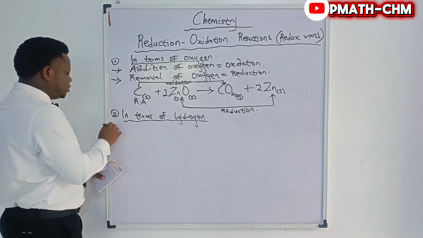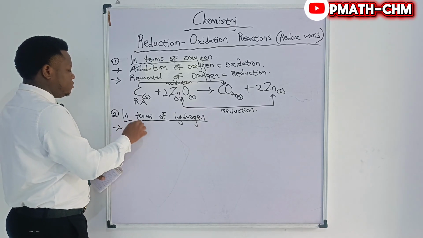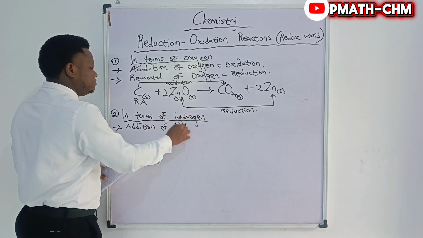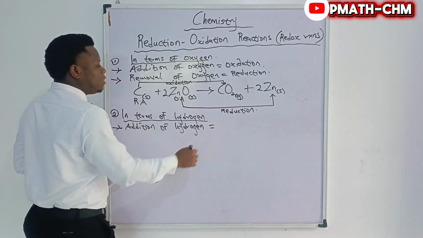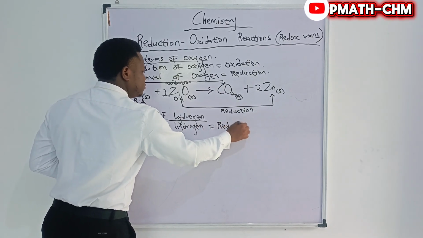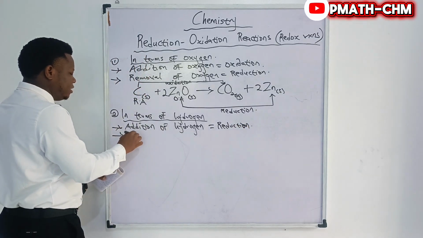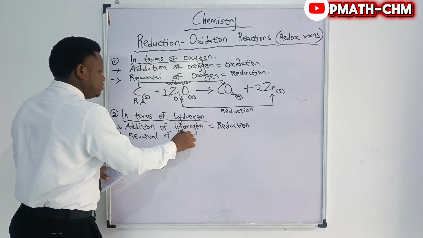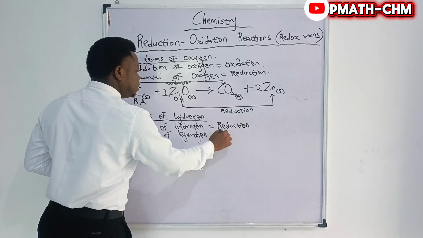Now, in terms of hydrogen, the addition of hydrogen to a substance is what we call reduction, while the removal of hydrogen from a substance is what we call oxidation.